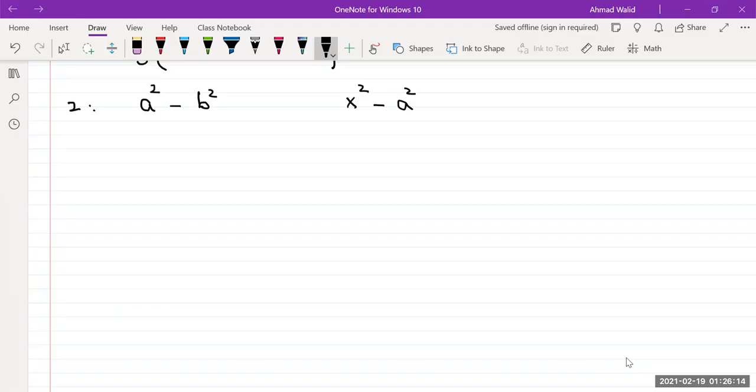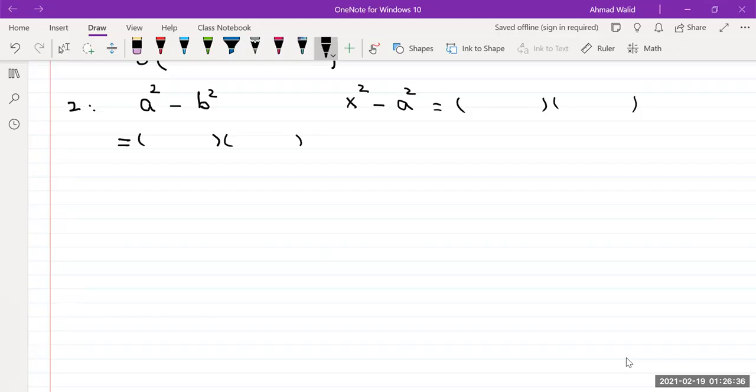You see, it's the difference between two squares, correct? How to factor? Immediately open two parentheses.